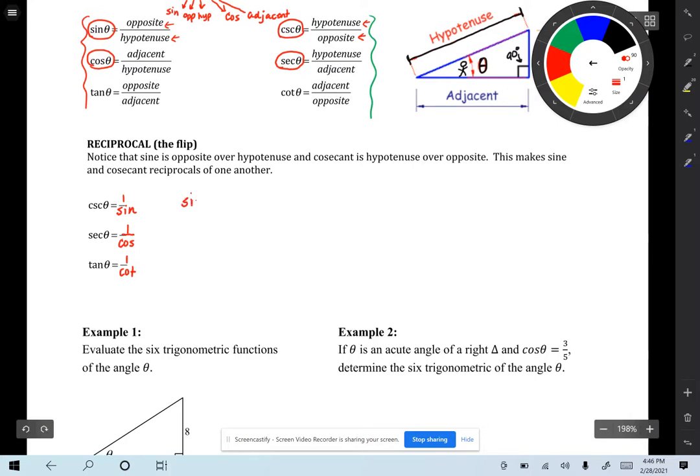Now, sine of theta is the reciprocal of cosecant, so it'd be 1 over cosecant. Secant's reciprocal is cosine. And then tangent's reciprocal is cotangent. It's 1 over tangent. There you go.